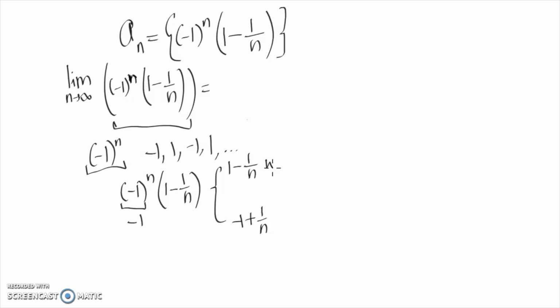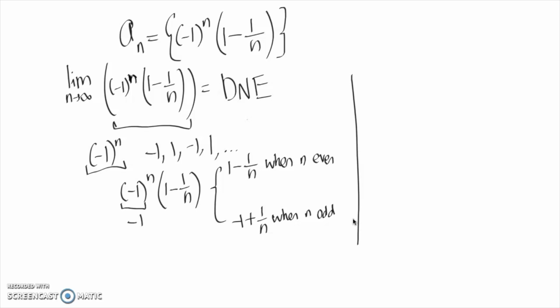So this when n is even, and this when n is odd. So for piecewise conditional functions like this, it is already quite obvious that the limit does not exist. Since it does not approach a particular number, it's only switching between two values, we can say that this sequence is divergent.